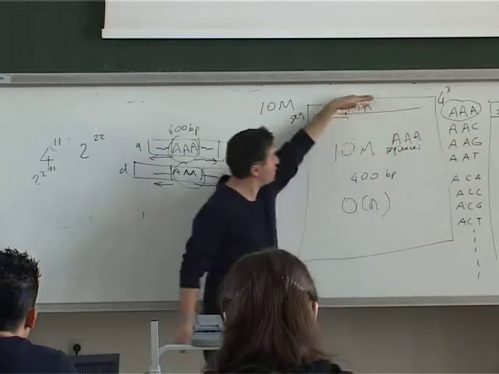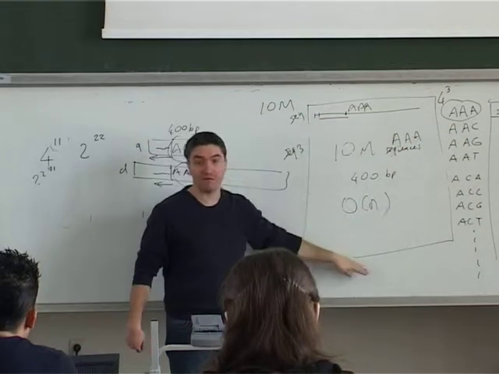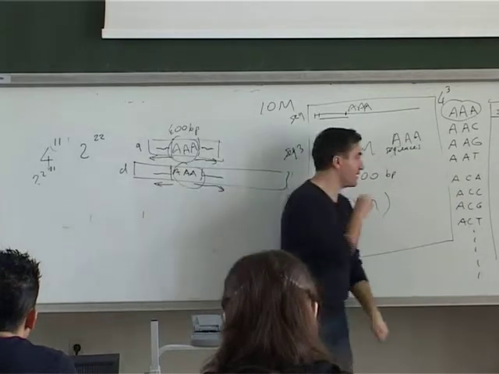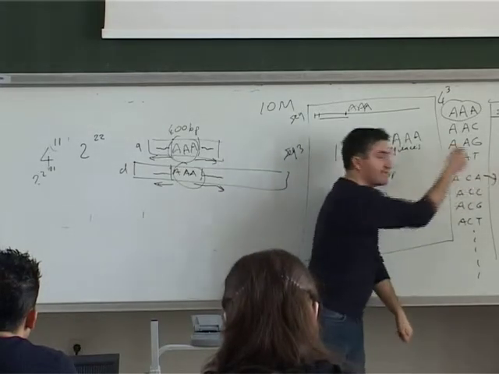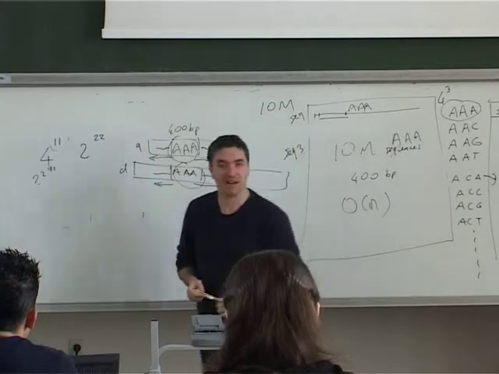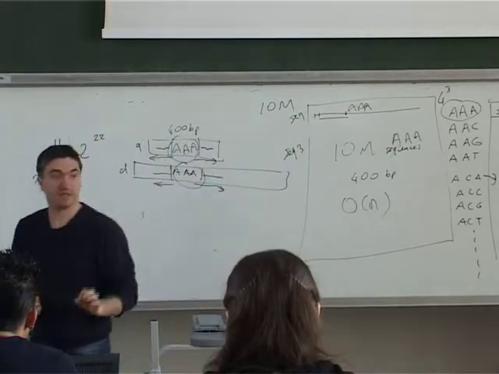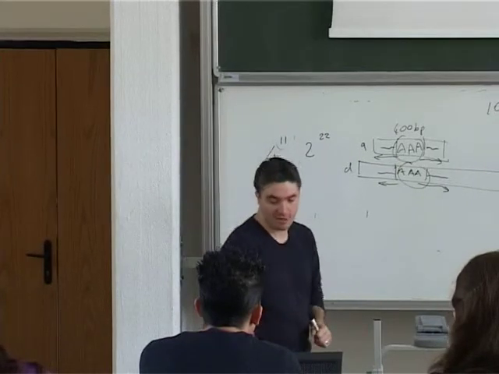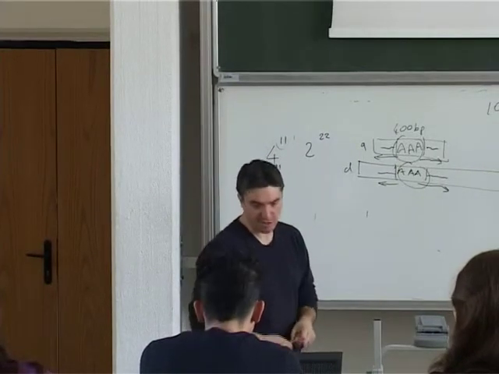We don't need to go over all 10 million of them because we have a table entry for it. We can immediately go to that row and see which database sequences have this exact word. So this speeds up the search a lot. This is the whole idea BLAST is based on.